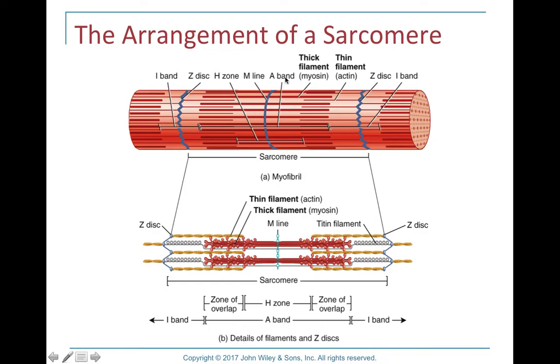So the H zone is only going to be the thick filaments. And then finally we have the M line formed by myomesin in the middle. Our sarcomere runs from Z disc to Z disc, which is the unit of the sarcomere.